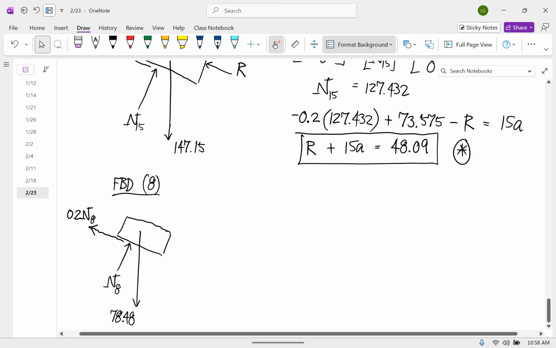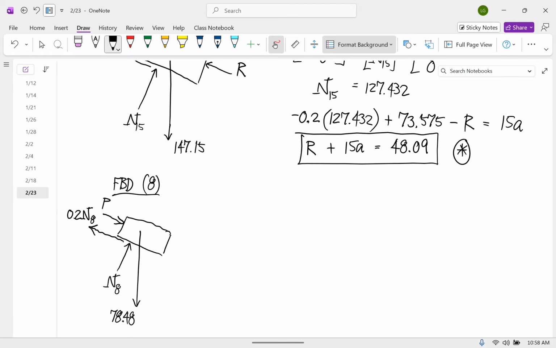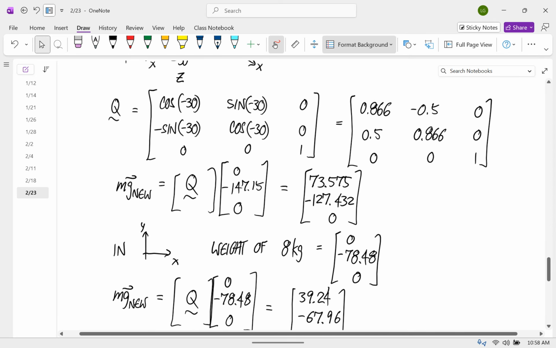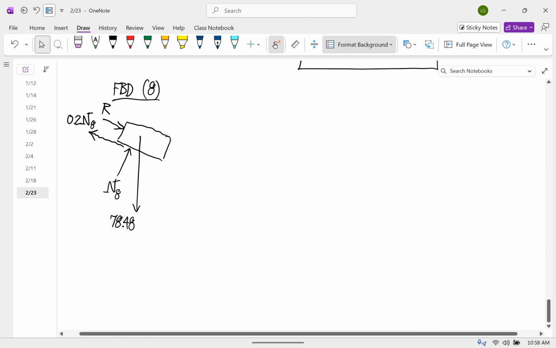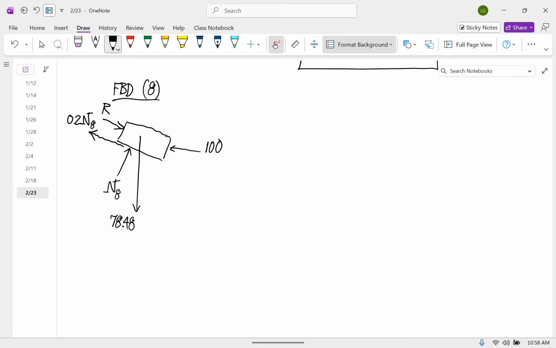We have a contact force from the 15, like that. And then we have the 100 Newton force that's horizontal. Any questions about that?